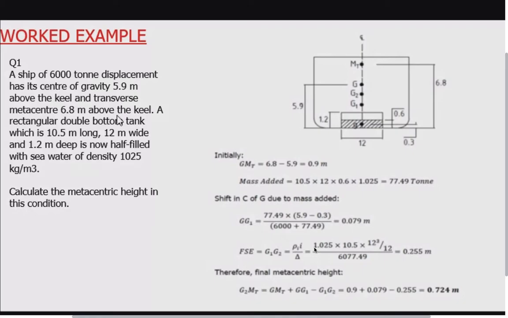They have added some mass. So all you wanted to know is exactly the volume of the liquid that has been added, because a rectangular box tank is half filled with seawater of this density. So we want to calculate the volume of the seawater that was added, and that's why we have the mass added.